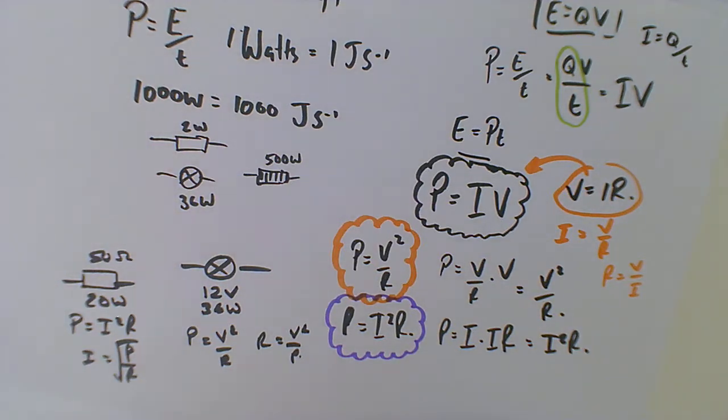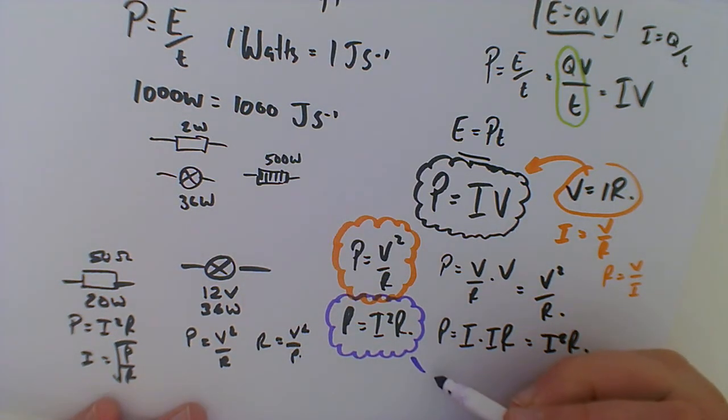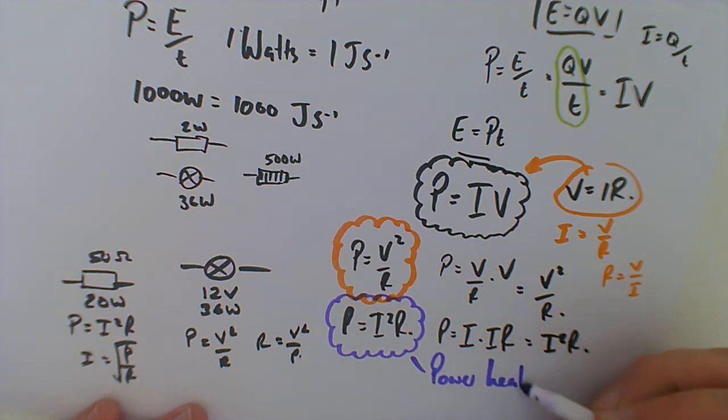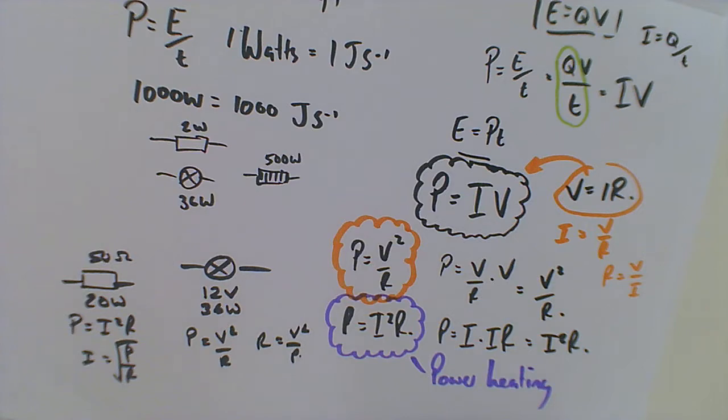I'm just trying to get us to a point where we know all the key bits. Okay, so those are the power equations. It just basically means how much energy is transferred. This one sometimes is called a power heating equation, because it sometimes talks about how much heat is lost by going through a cable with the I squared, and so on and so forth.